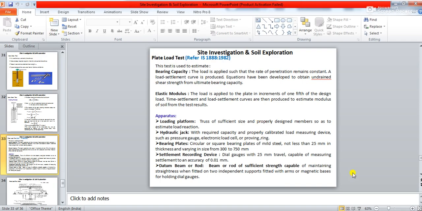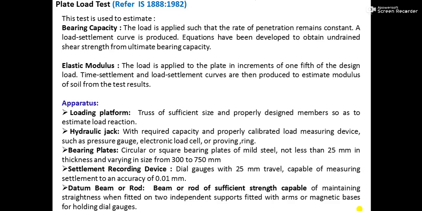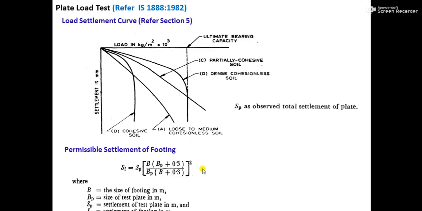See, in some books you will observe this 0.3 is written as 30, here also 30. In some books you will see this is written as 300, this is also written as 300.